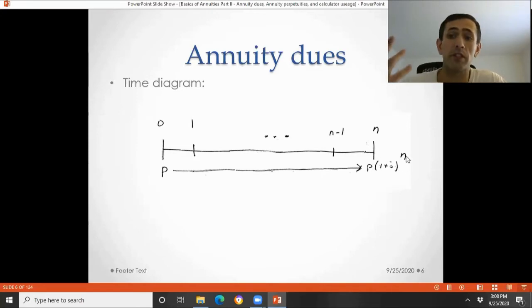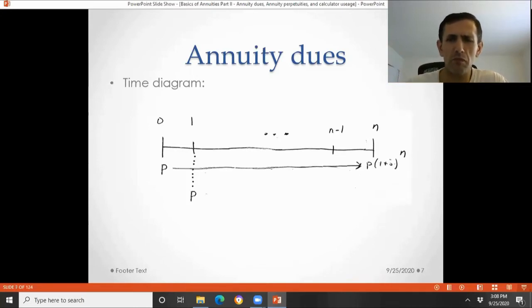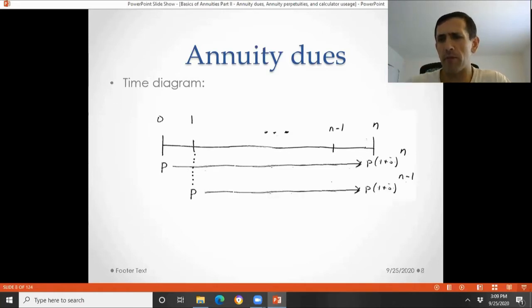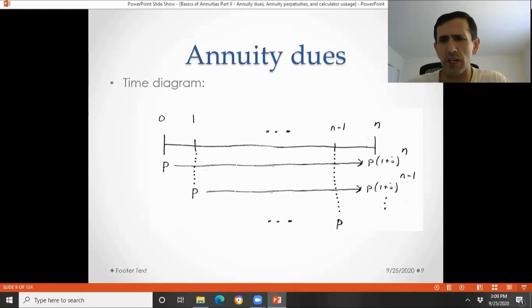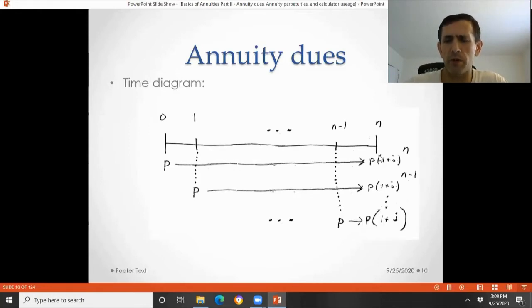It accrues N periods of interest rate J. For the payment at the beginning of the second period, that accrues N-1 periods of interest, etc., until you get the payment at the beginning of the last period, and that accrues 1 period of interest.